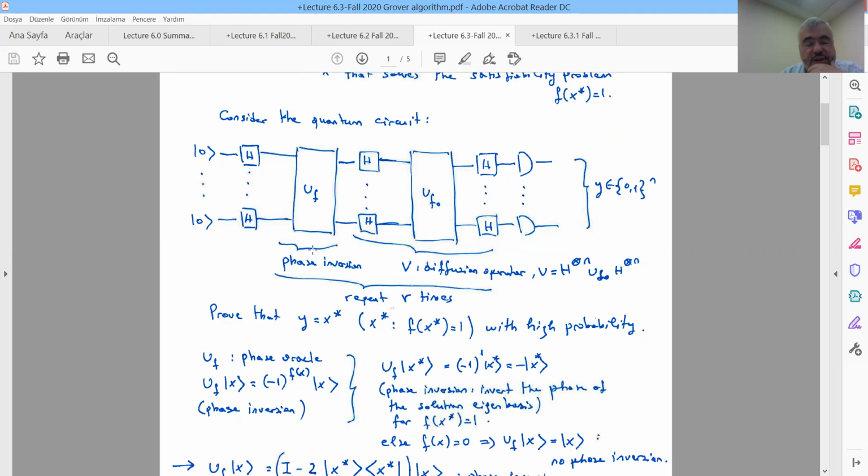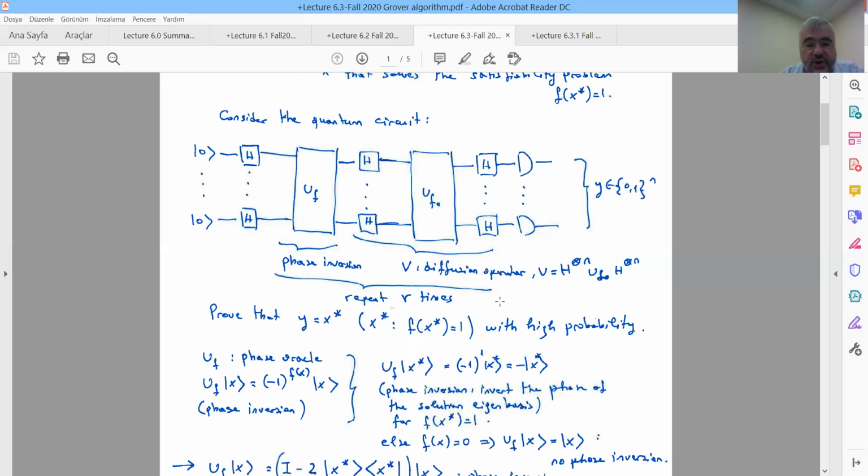The phase inversion unitary operator that we just discussed, and the diffusion operator, in other words the inversion around the mean operator. This construct does this, and we repeat the phase inversion followed by V, R times. We'll discuss what the optimum value of R is.